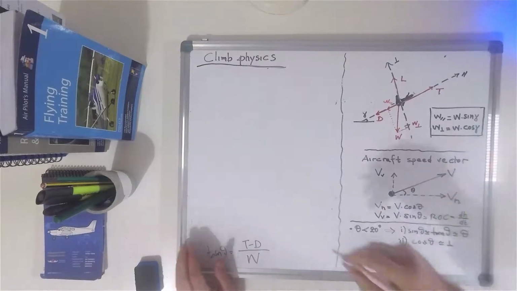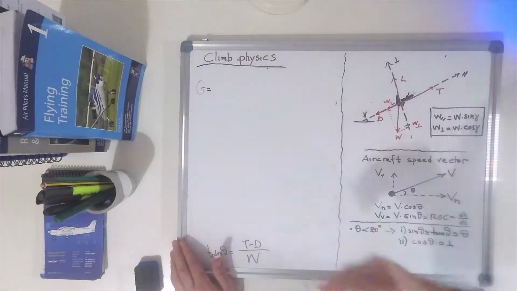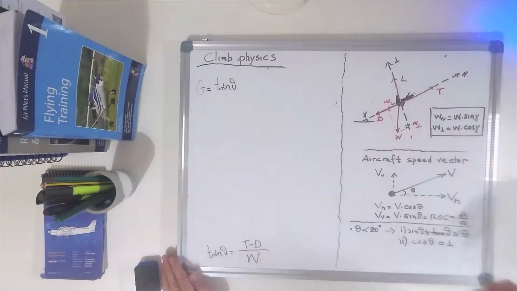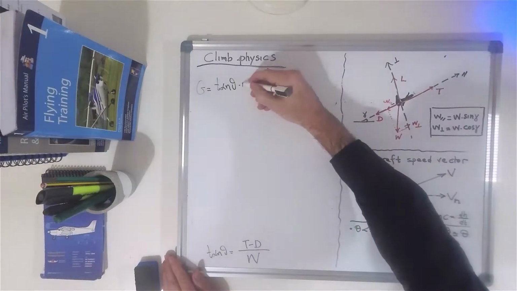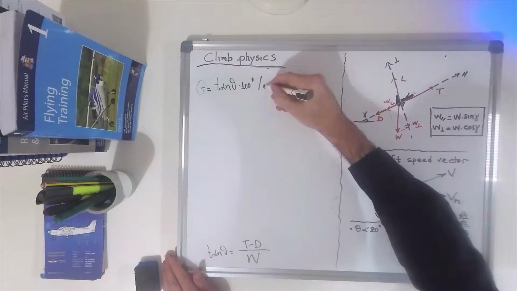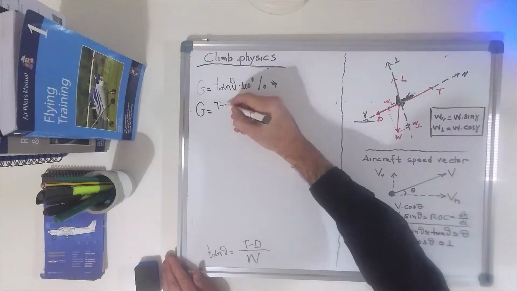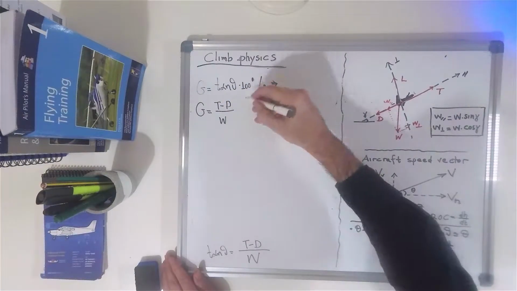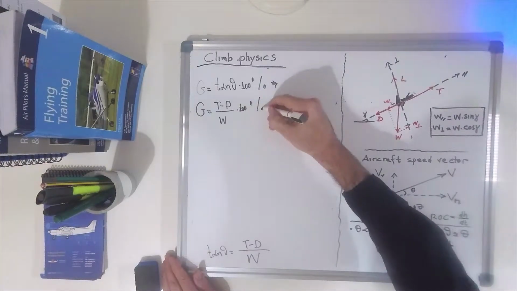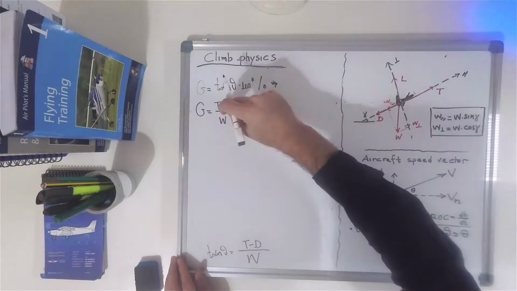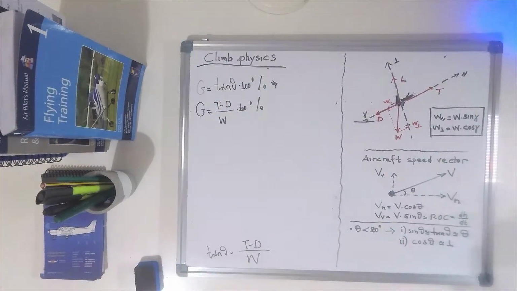So the climb gradient is the tangent of the angle of climb expressed in a percentage form, which means, and that's the final formula for the climb gradient. Always in a climb with constant airspeed.